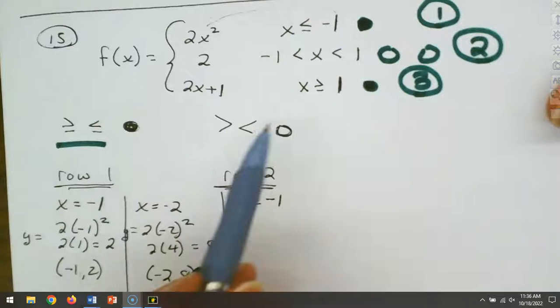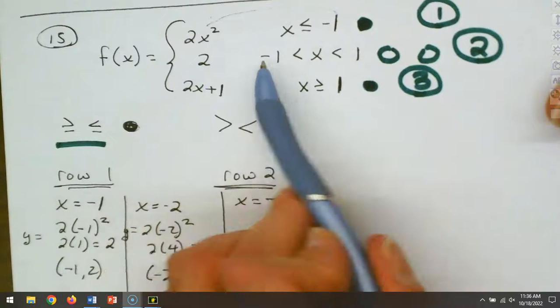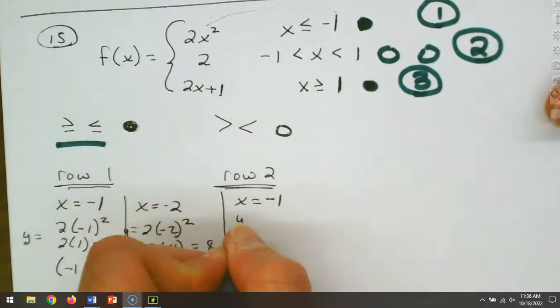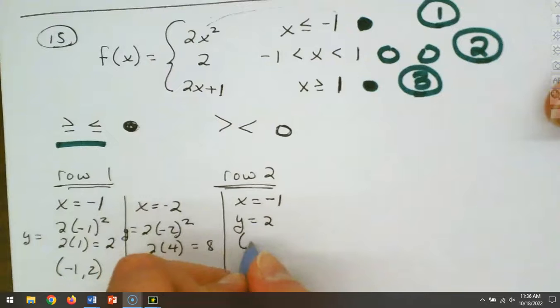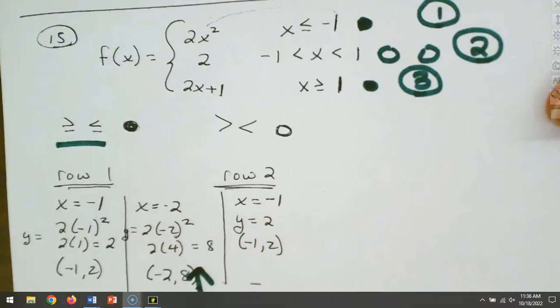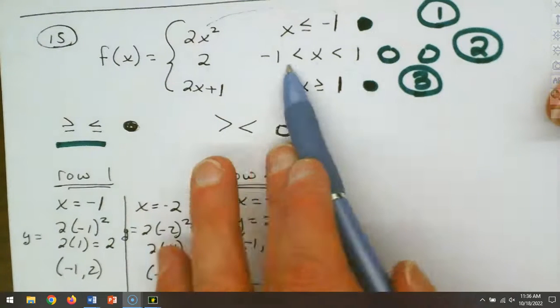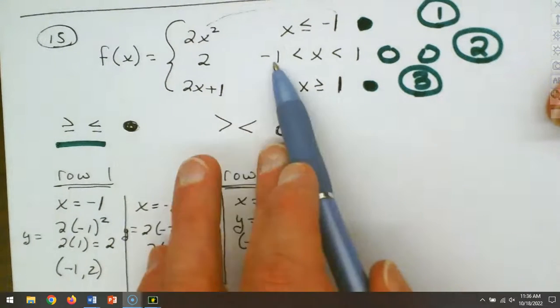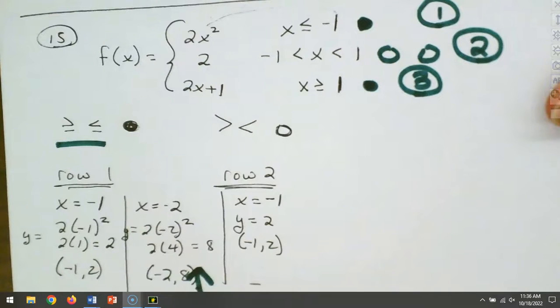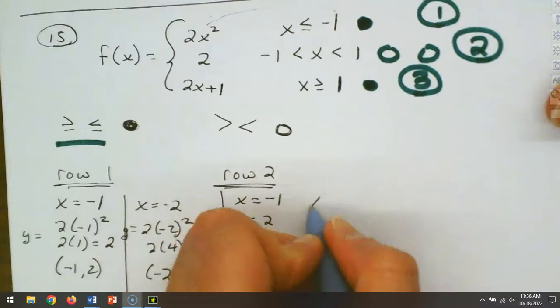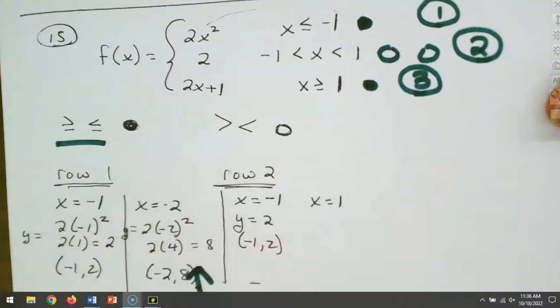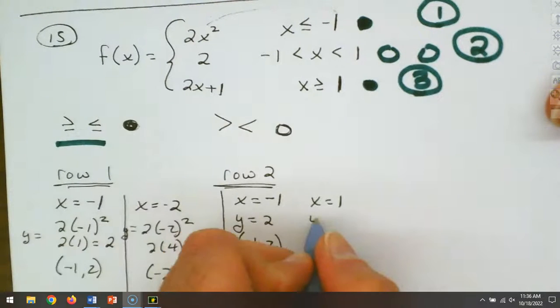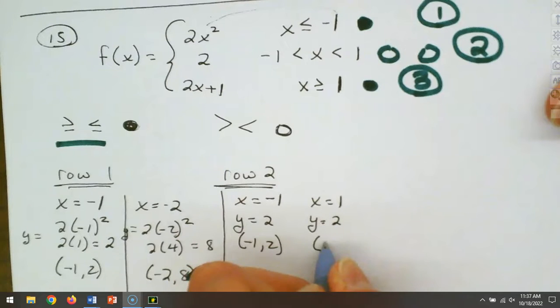If I plug in a minus 1, and we're on row 2, what do I get out? 2. So that's minus 1, 2. You could pick other points, but on these you want to do the ends. It just makes it easier. But you could pick 0 as well. It's going to be the same. But this way you get the nice line that you want. What about 1? If I plug in 1, I also get 2. And now I'm at 1, 2.